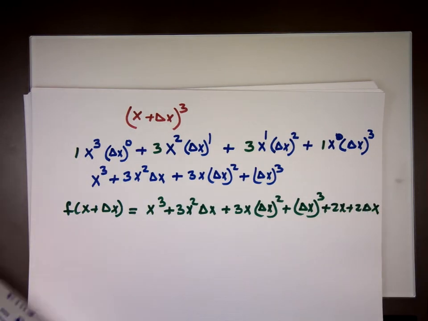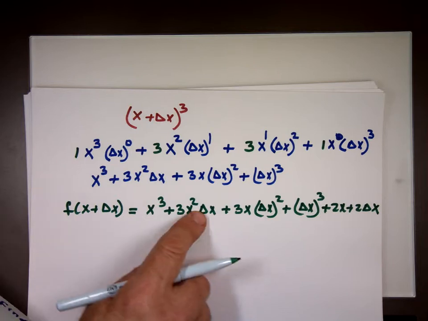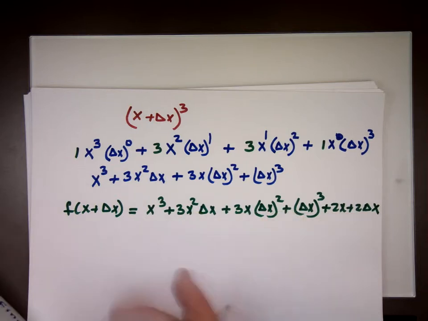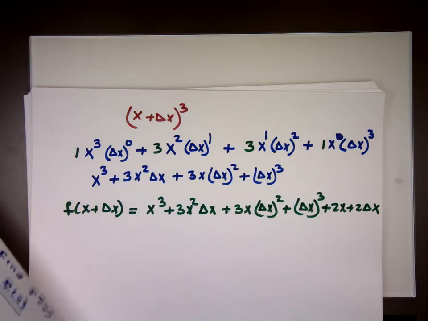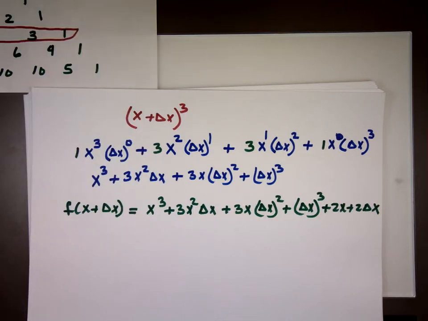That's why I like h instead of delta x. What's the difference? 1, 2, 3, 4, 5. You lose about 5 letters from this. I don't have to use the parentheses either. That's step number 1. What's step number 2?